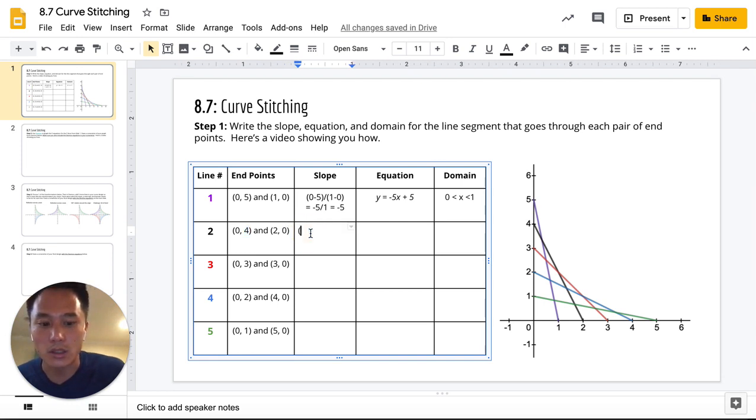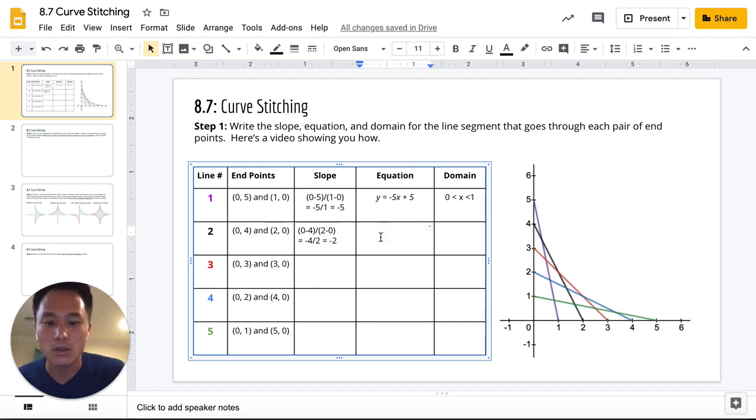So I'm going to do 0 minus 4, that's the numerator, over, that's my fraction bar, change in x. x2 is 2, x1 is 0, so 2 minus 0. This is equal to 0 minus 4 is negative 4 over 2 minus 0 is 2, so the slope is negative 4 over 2. I can simplify that to negative 2.